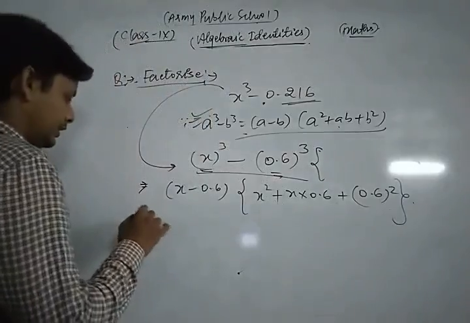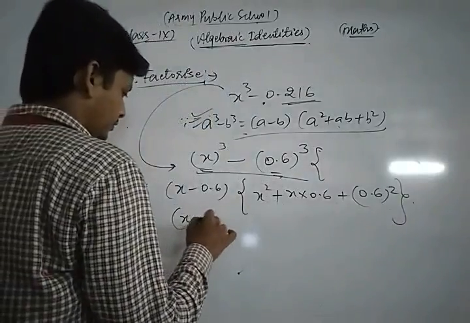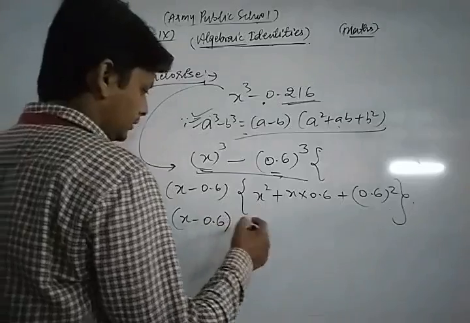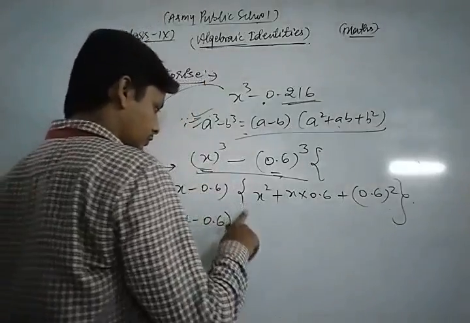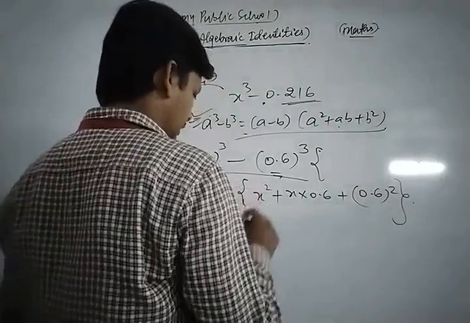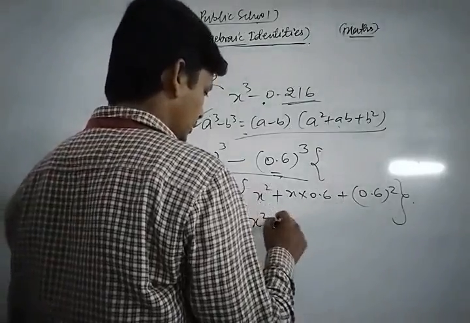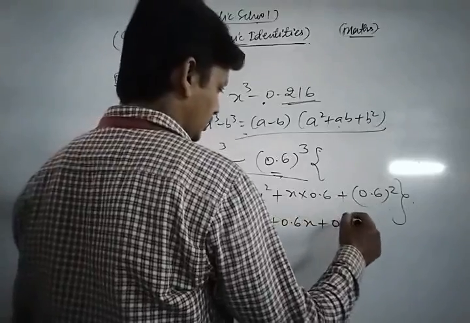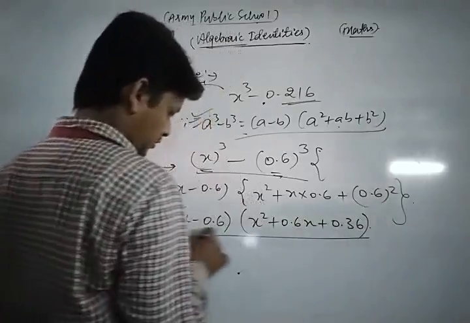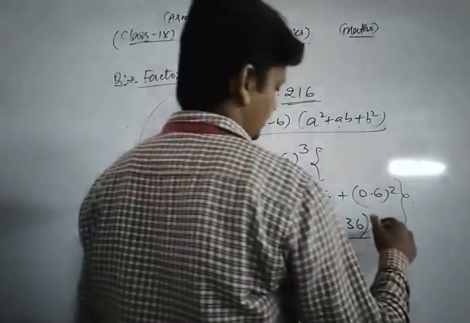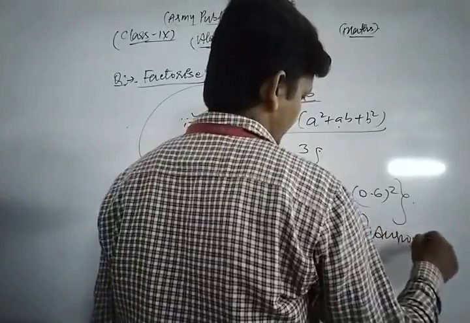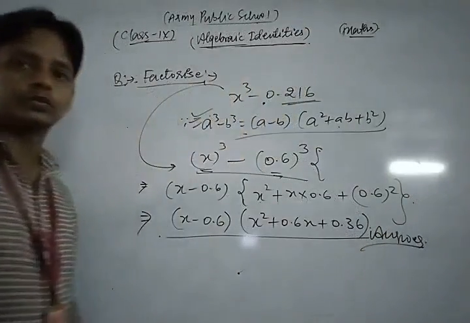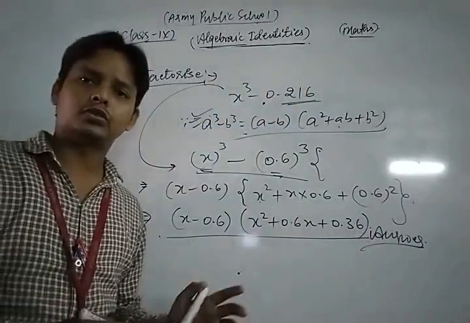Now we get x² + 0.6x + 0.36. This is the required solution of the given question. So in this way you can solve that type of question.